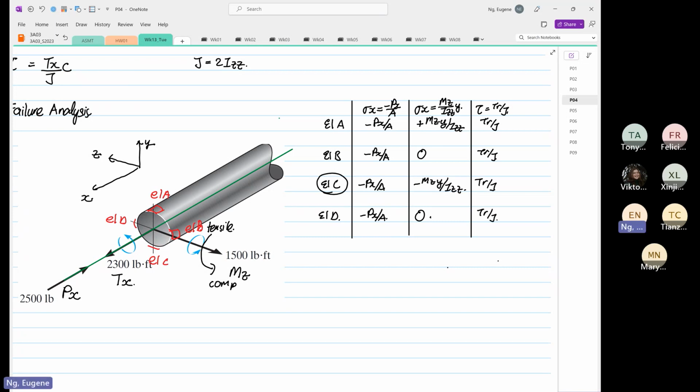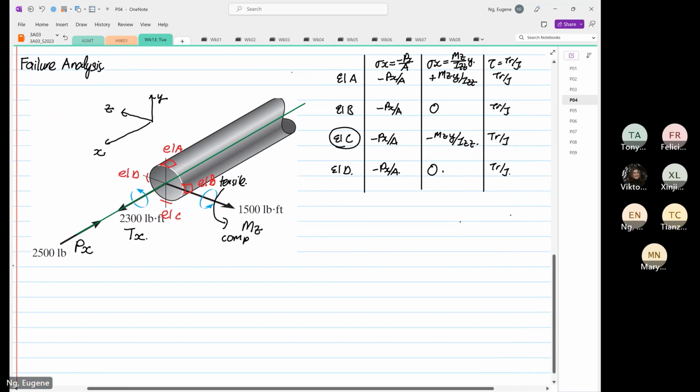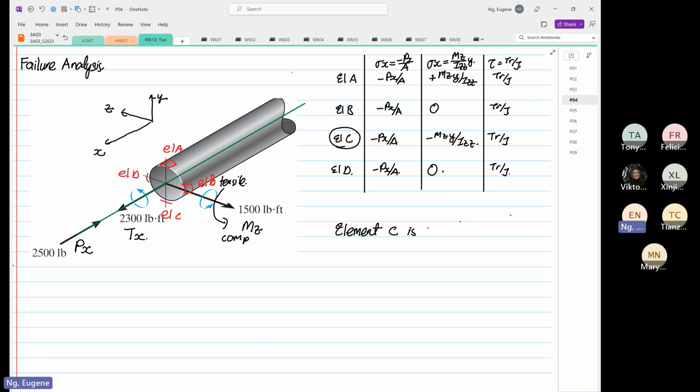So from here we have identified that element C is the most critically stressed.